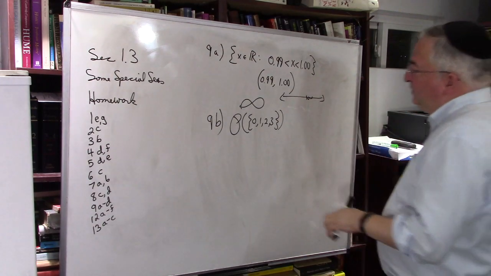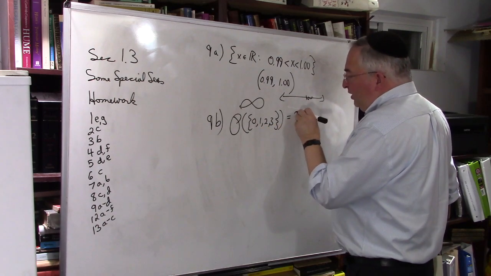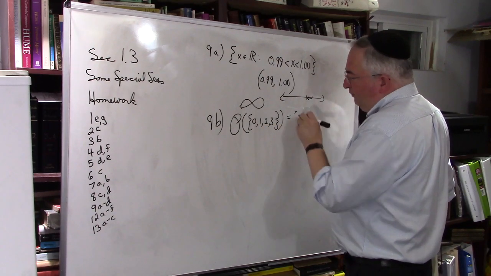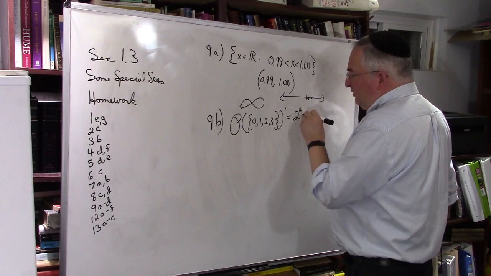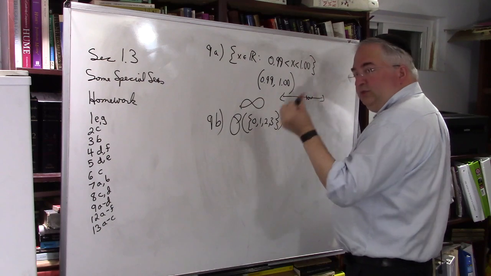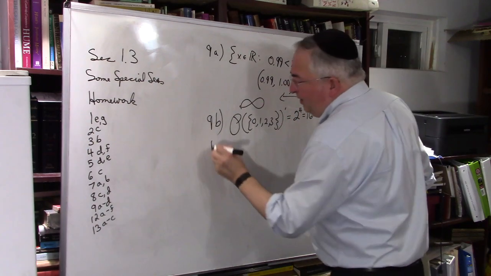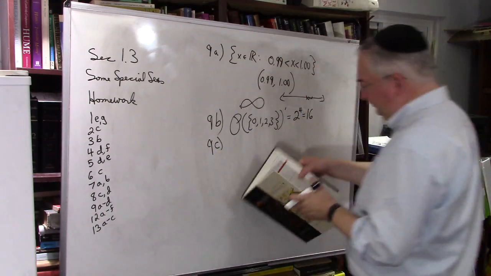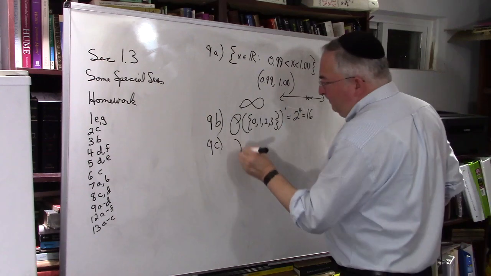This has 1, 2, 3, 4 elements, and so that's 2 to the 4. There are 2 to the 4 elements, which is 2 times 2 is 4 times 2 is 8, 16 elements.